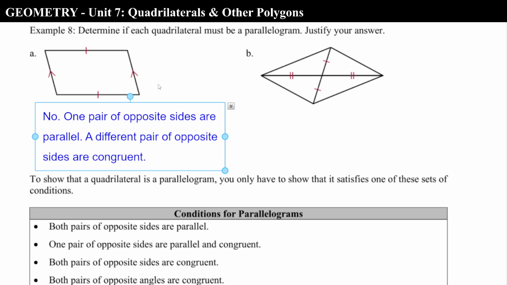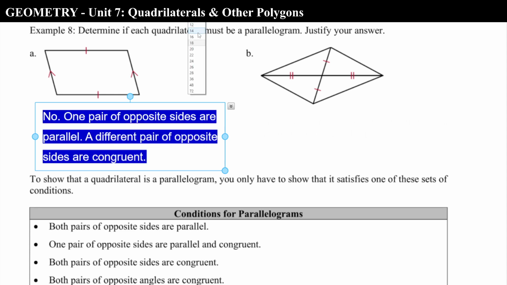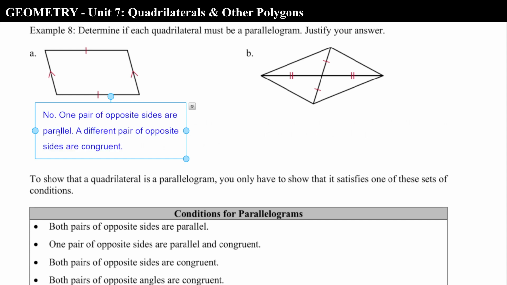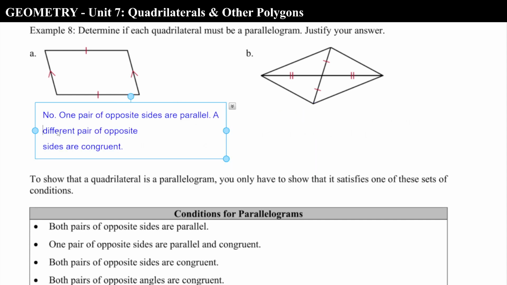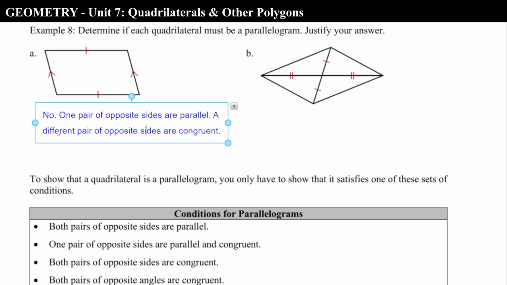Therefore, the conditions for a parallelogram are not met. So we can put in that last statement: the conditions for a parallelogram are not met.